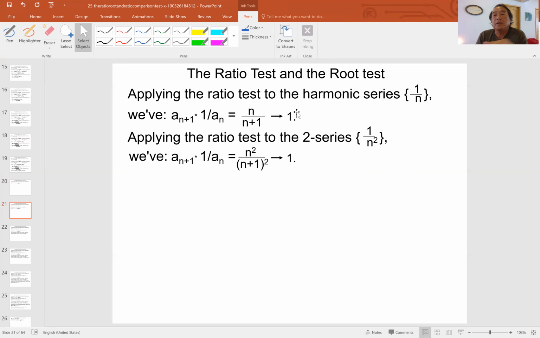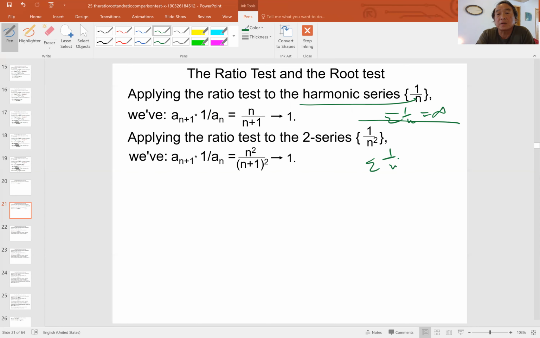The p-series with n squared in the denominator, the ratio is also 1. But we know from our knowledge that the harmonic series, sum of 1 over n, is infinity. On the other hand, the sum of 1 over n squared is finite. So by having the limit equal to 1, I don't know whether it's infinite or finite. So the test failed.